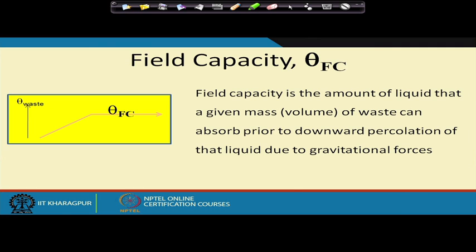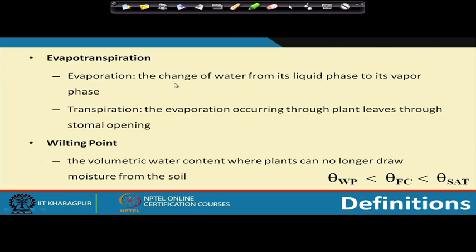So that's what I was trying to explain. All the pore spaces are filled up, and then gravity is applied to that media. Once you see the first drop of water coming out, that media cannot hold it anymore. The moisture content at that level for that media is the field capacity.